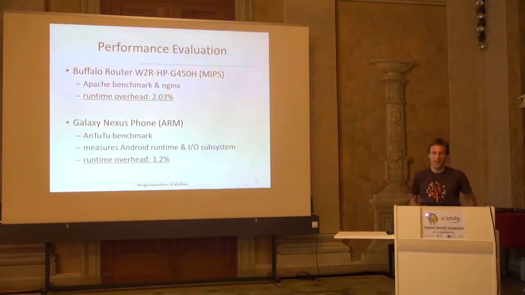We also evaluated on a Galaxy Nexus phone running stock Android, although I don't remember the exact Android version. We used the N22 benchmark because it was the best we could find, and measured the Android runtime and the I/O subsystem. Here we had an even lower runtime overhead.